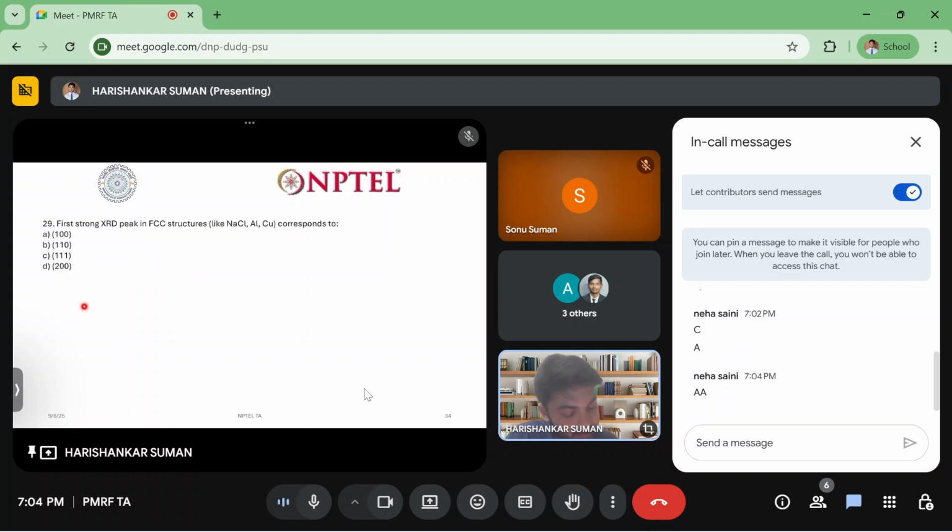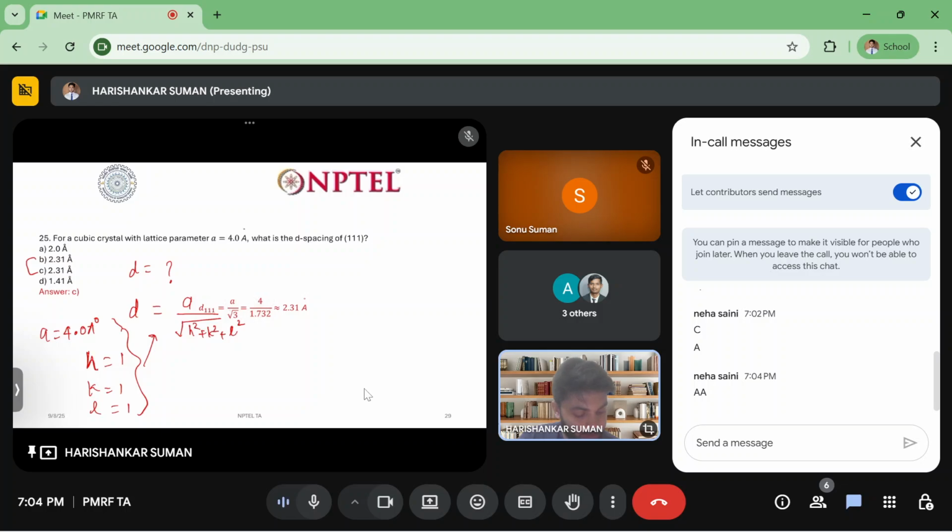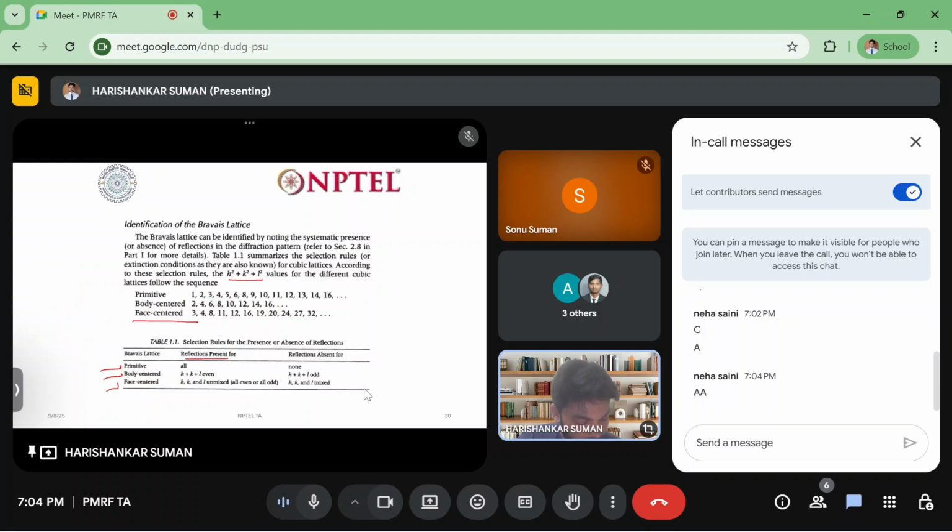The first strongest XRD peak in a cubic structure like NaCl, aluminum or copper corresponds to which plane? Now tell me the answer. Let me give you a hint as we discussed. Body centered first will be proportional to h square plus k square plus l square equal to 3.